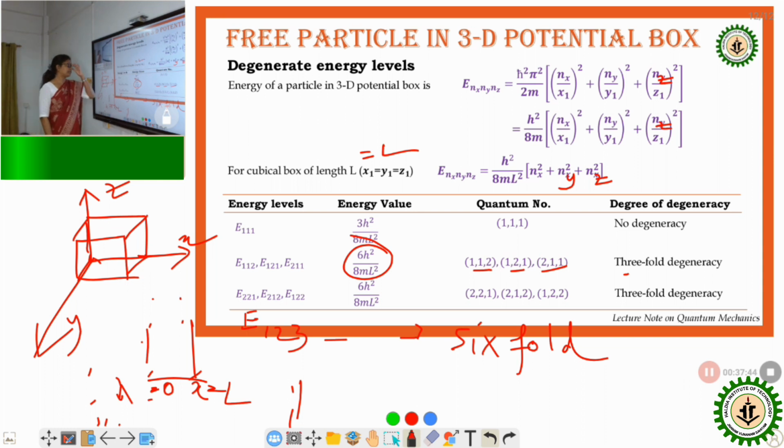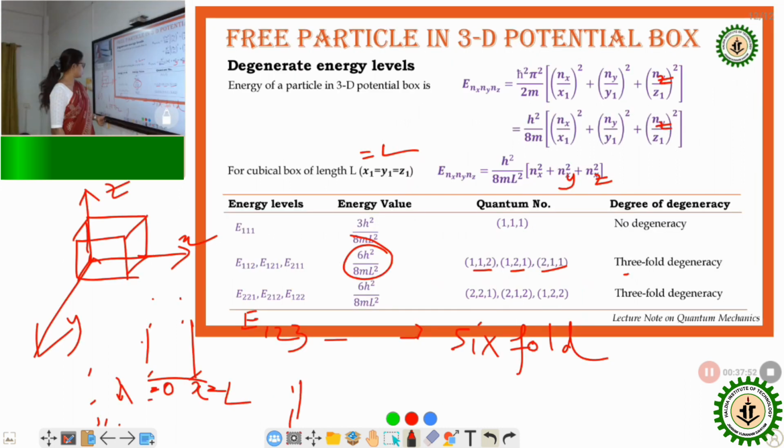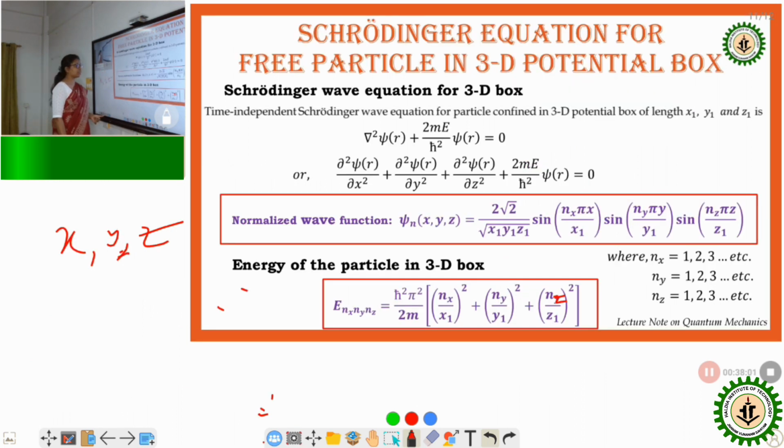Now look at this wave function. Suppose E112. If you take that 112 combination, that means nx=1, ny=1, nz=2. Now just go for another combination, suppose 1, 2, 1. You see what is my aim.